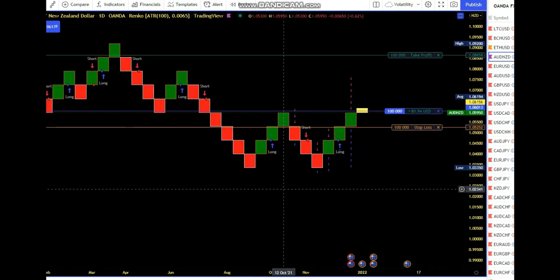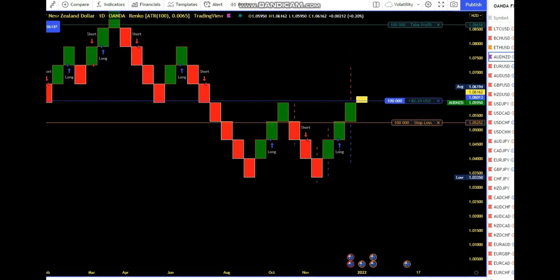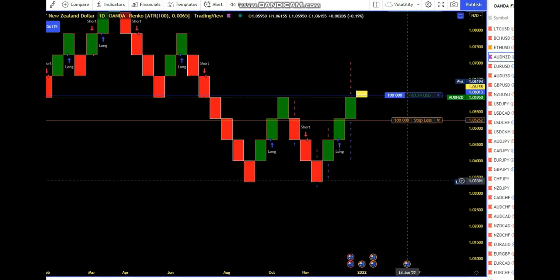Currently Australian dollar versus the New Zealand dollar, one of the most attractive and heaviest forex markets. Because if your system is working in this market, then it will work in almost 90% of all markets.